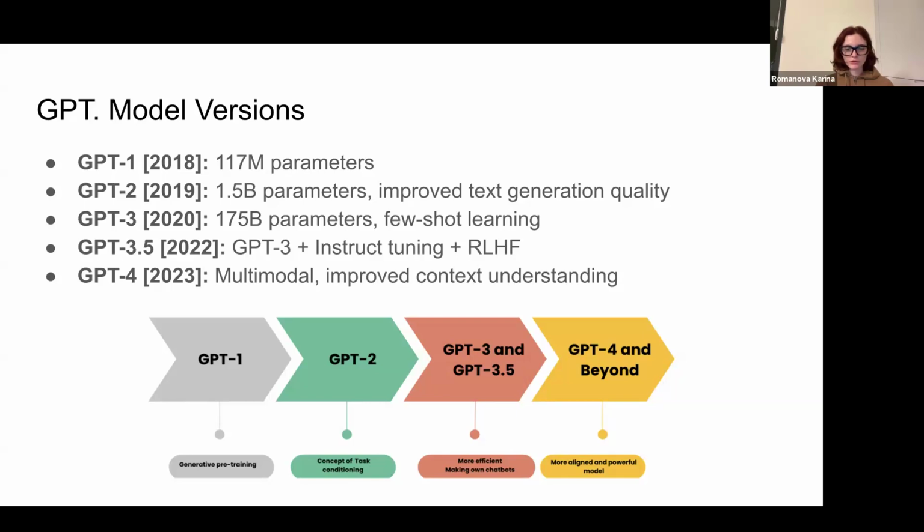The GPT third version had 175 billion parameters and demonstrates impressive few-shot learning. And the last version was a multimodal model capable of understanding both text and images.